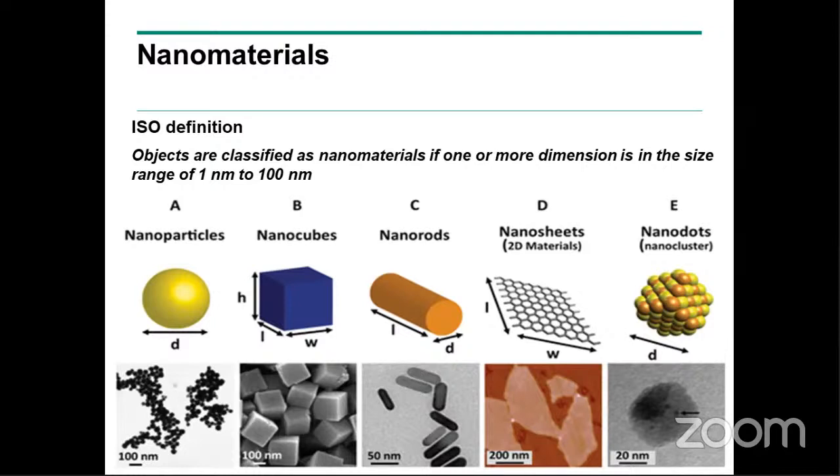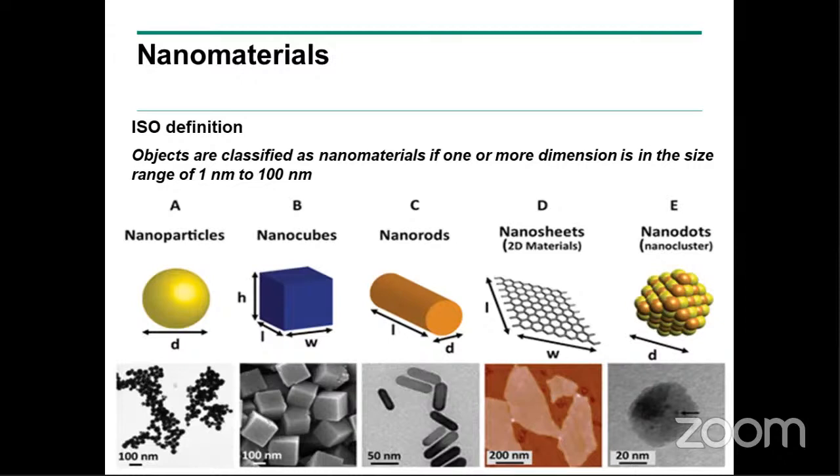The International Organization for Standardization defines nanomaterials this way: objects are classified as nanomaterials if one or more dimensions is in the size range of 1 to 100 nanometers. For example, say I have a cube, which has three dimensions: width, height, and length.